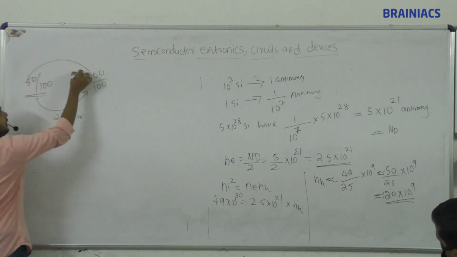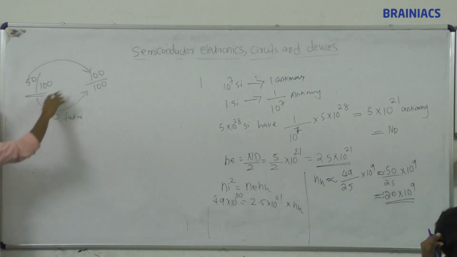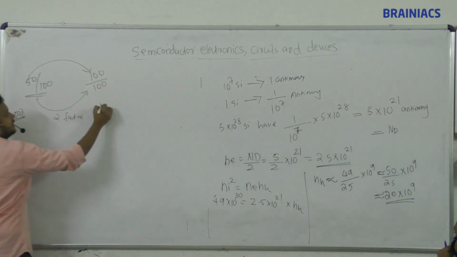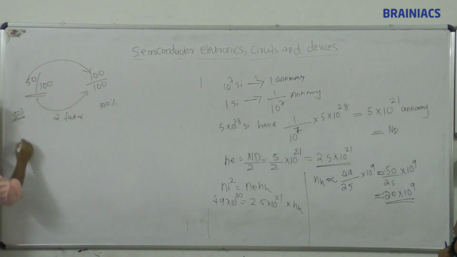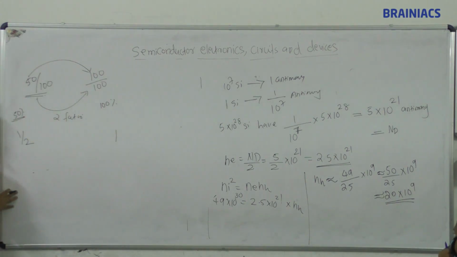The numerator makes the difference. The denominator will be the same. Basic mathematics I am talking about. Here I can say it is like 50%, here 100%. Or here it is 1 by 2, here it is 1. Here he got 50 out of the maximum value.